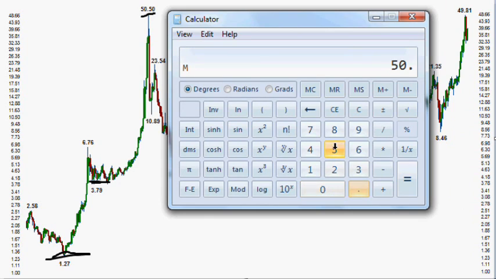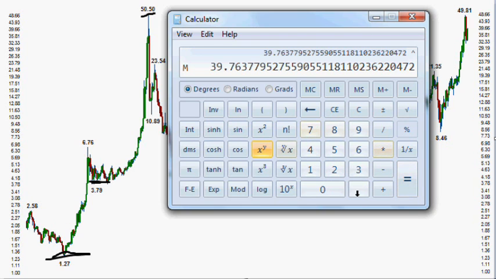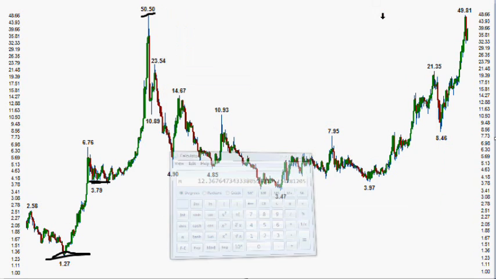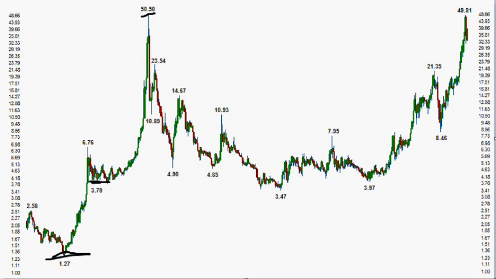I don't know for sure what that high was, but it was in or around that area. And we put this to the power of 61.8% and multiply it again by $1.27. Then that gave us a mark of $12.36, somewhere in or around here.